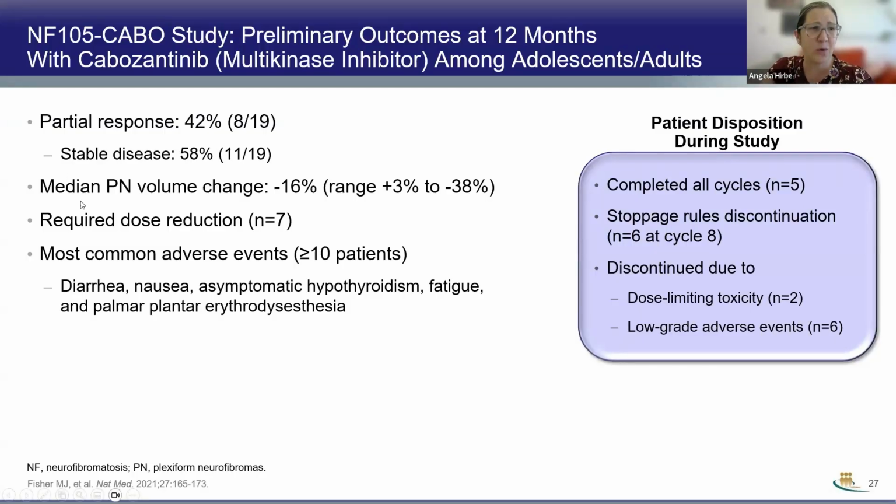There were some patients that required dose reductions. And then in terms of the adverse events, diarrhea, nausea, asymptomatic hypothyroidism, and fatigue were pretty common. I think the most disturbing to the patients is the palmar-plantar erythrodysesthesia that can happen, because this can be very painful.